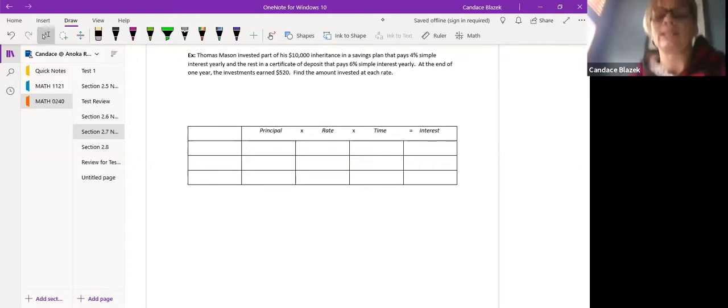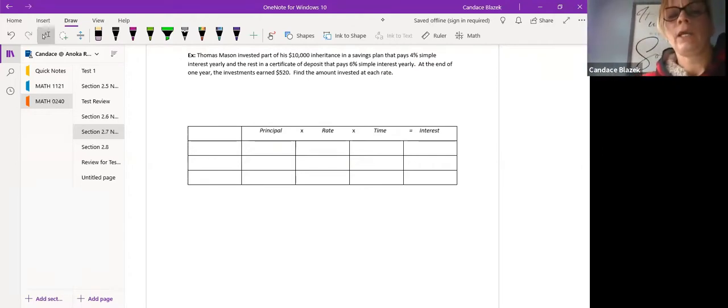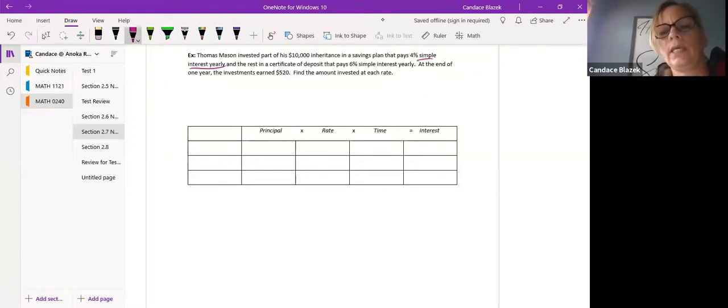Find the amount invested at each rate. Okay, well, this is simple interest right here. There is a formula for simple interest. It is interest equals principal, which is the amount you invest, times the rate, which is the percentage rate in decimal form, times time in years.